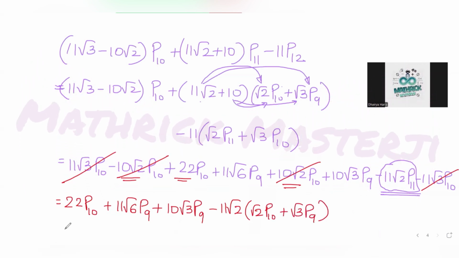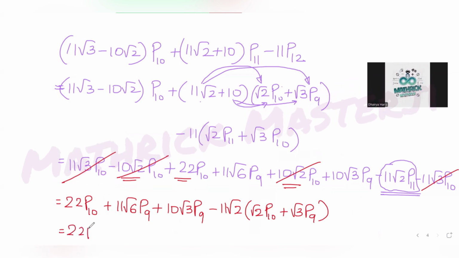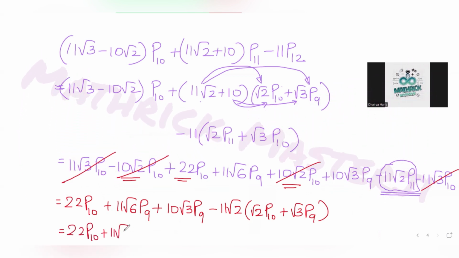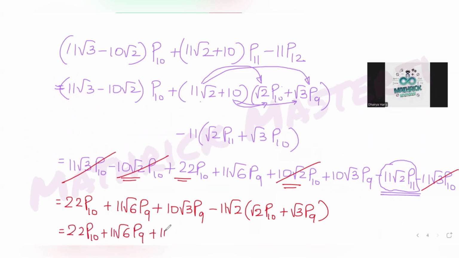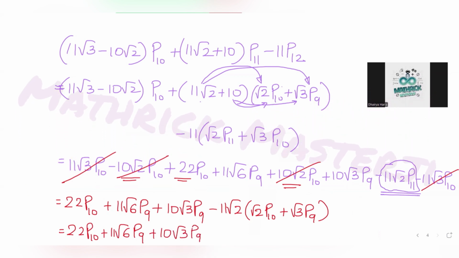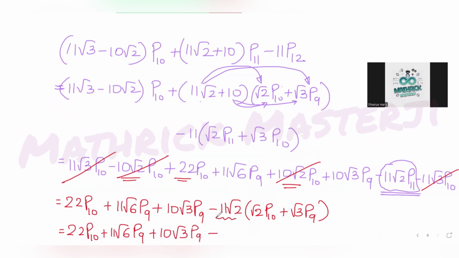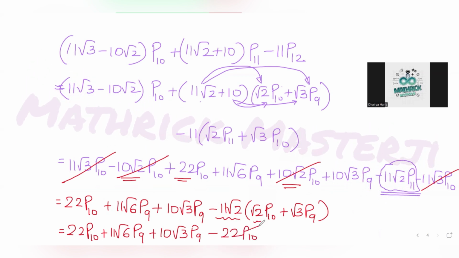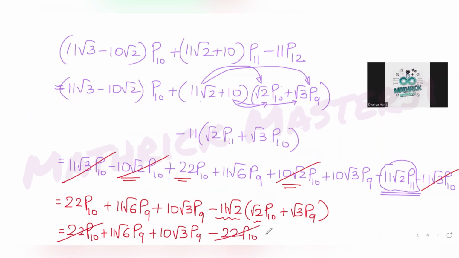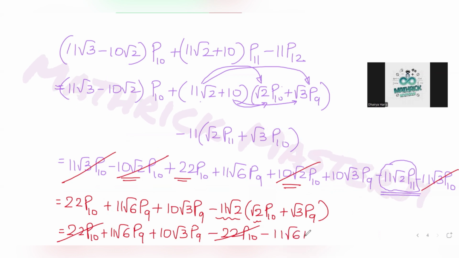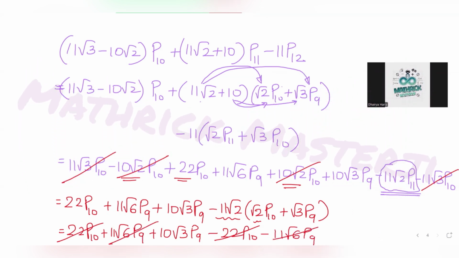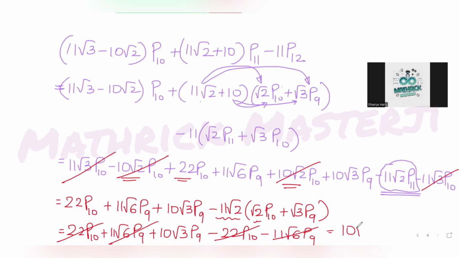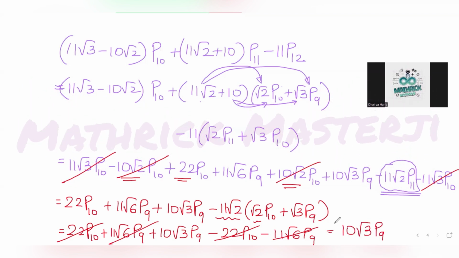So from there, let's see what I get. 22 P10, 11 root 6 P9, 10 root 3 P9, minus 11 root 2 times root 2, so 11 times 2, which is 22 P10. This and this cancel. Minus 11 root 6 P9, so this also cancels. Everything actually got cancelled. I'm just left with one term, and that's 10 root 3 P9.